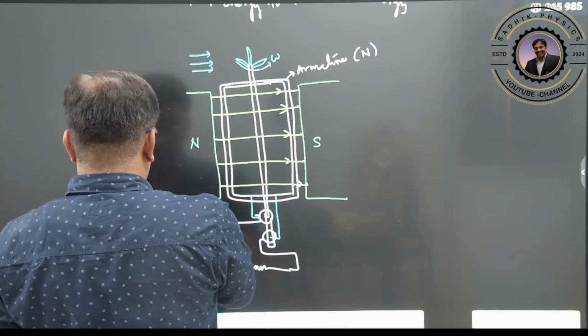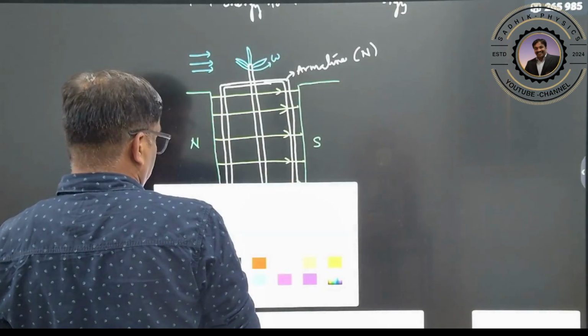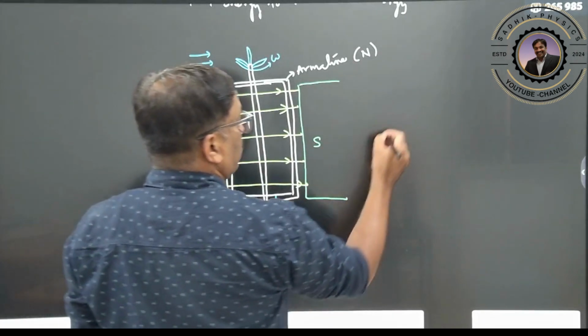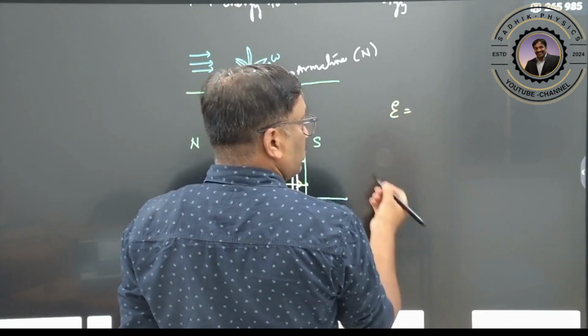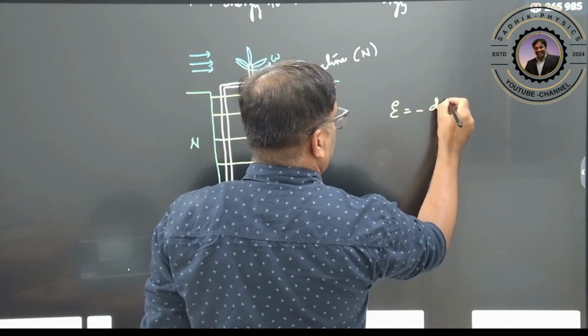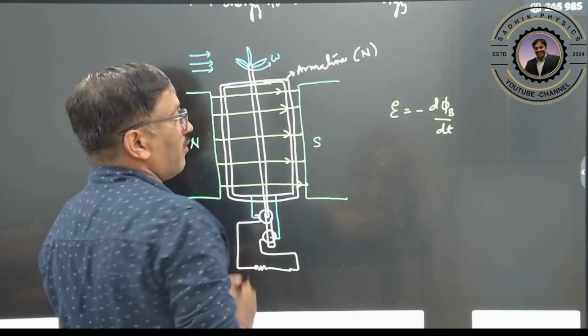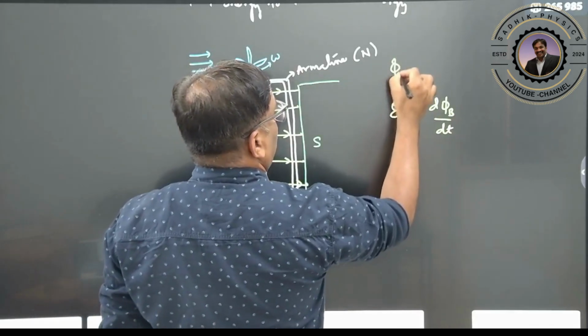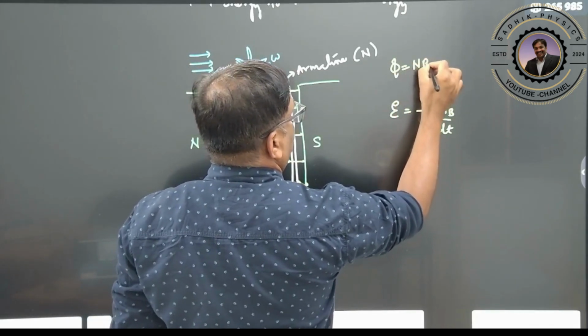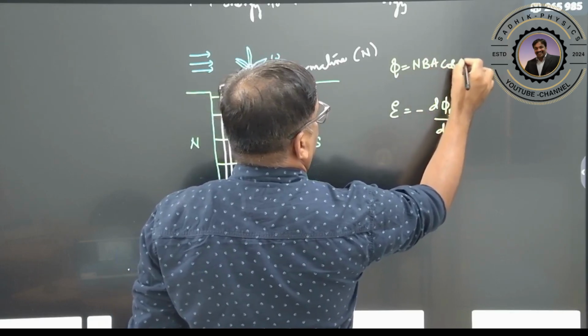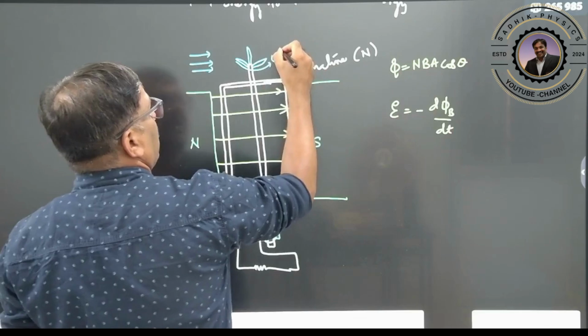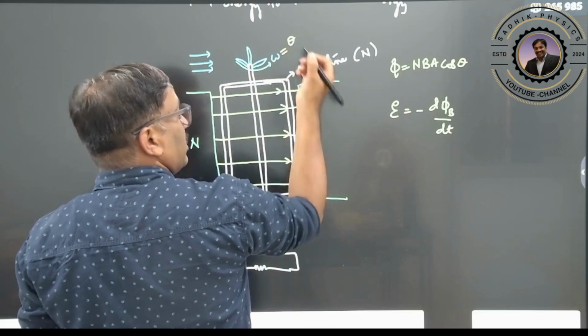We are going to use Faraday's law. What does Faraday's law tell? The induced EMF is nothing but the rate of change in the magnetic flux. Clear? So what is the magnetic flux here? You know the flux formula: it is NBA into cos theta. But here, what is theta? Here omega is there, omega means angular velocity.